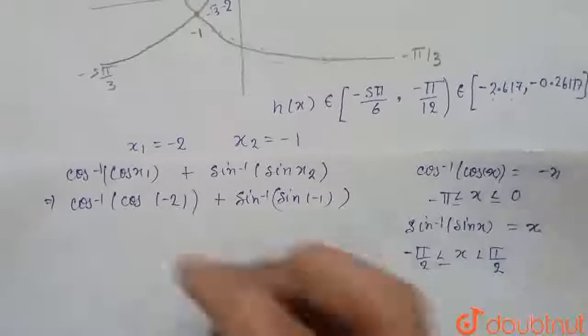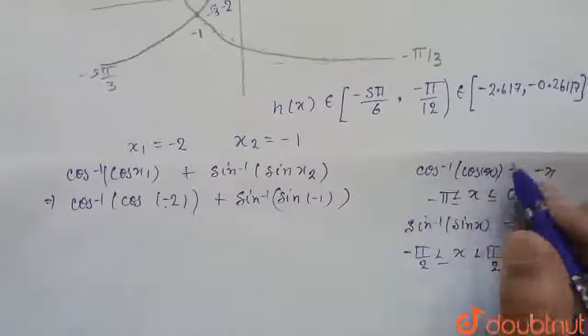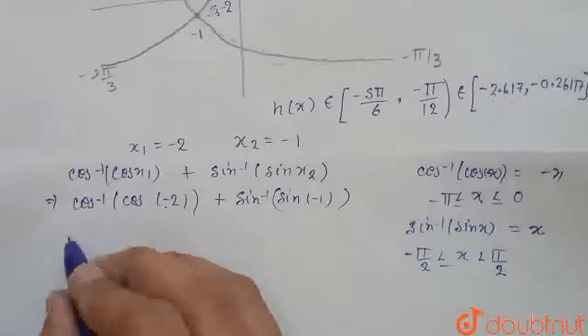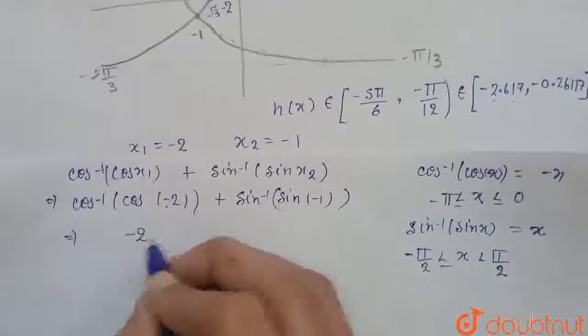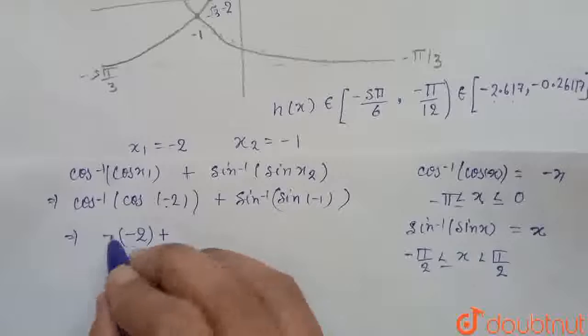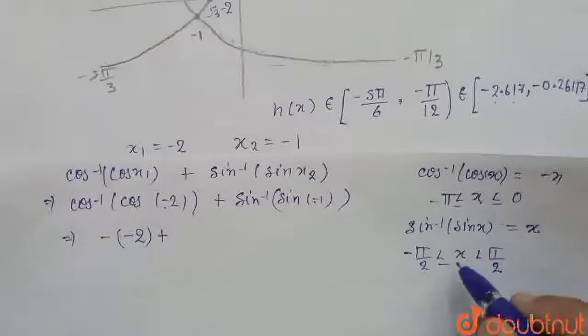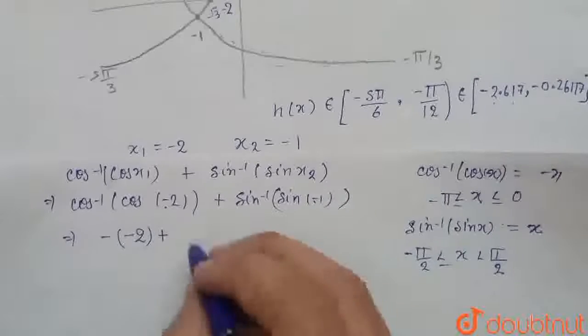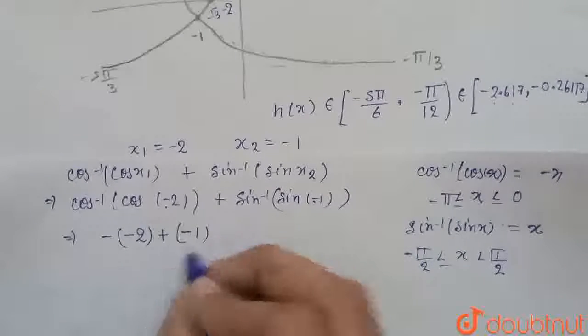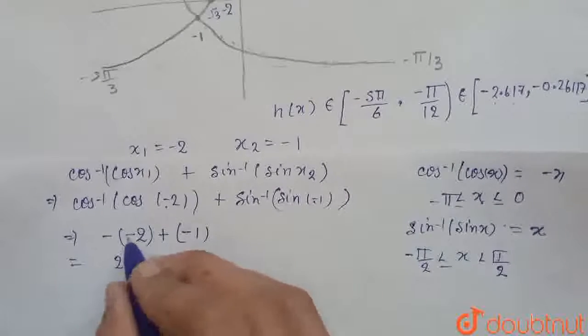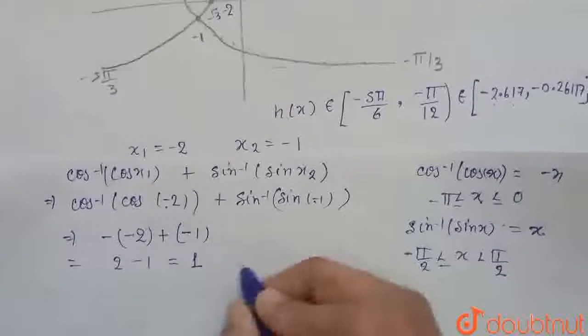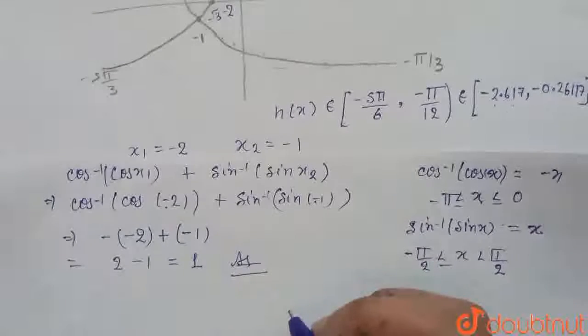So here we have minus 2, so it is in this range. So we will get minus of minus 2, plus here we have minus 1, which is in this range, so we will get minus 1. So we get 2 minus 1, that is 1. So our answer is 1.